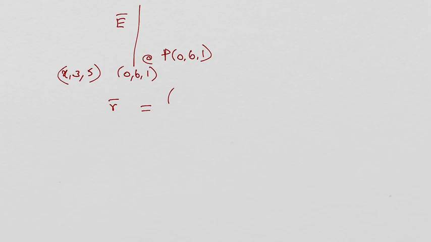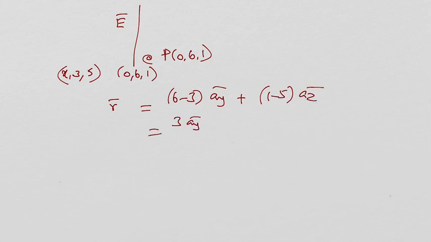Obviously, we don't involve the first component because the straight line conductor is parallel to x-axis according to the diagram. So I take only 6 minus 3 ay and 1 minus 5 az. What is the net result? So you will get 3ay minus 4az. Magnitude of this vector is square root of 3 squared plus 4 squared, which is equal to 5.